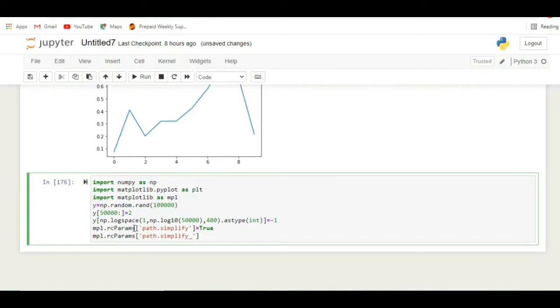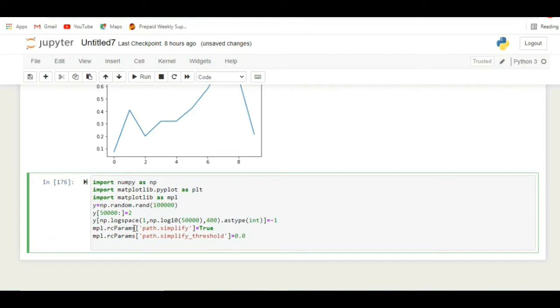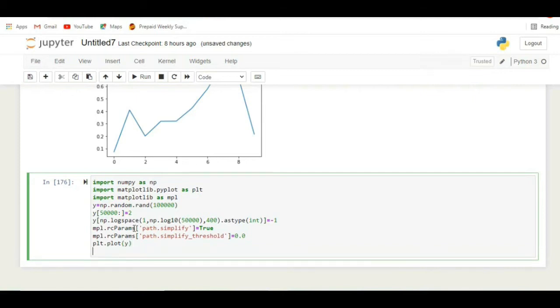In the previous line we have written that this is true, and now here we shall add something more, that is path.simplify_threshold, and this is equal to 0.0. Now we can write plt.plot(y), and this is a little lengthy code, so plt.show.